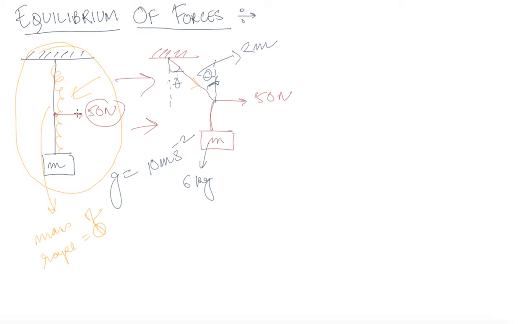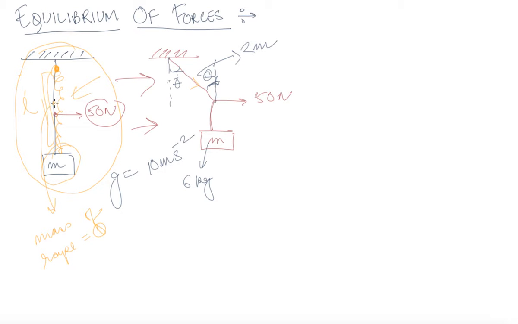Now what happens if the rope had mass? You will have this in your later chapters, but for now, suppose the rope had mass. If you are considering tension at this point, the resultant tension will be because of this mass plus this extra mass, because of the length of this particular rope.